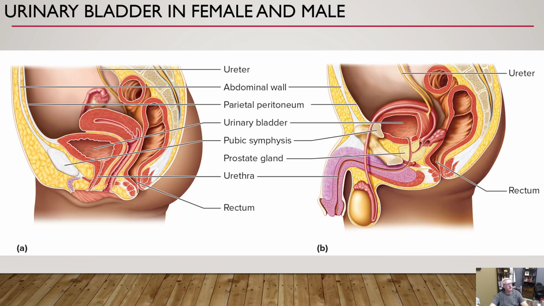Here in the male, you can see the ureters attach to the bladder from behind. In the female, you can't really see the ureter attachment, but it's going to attach from behind as well.